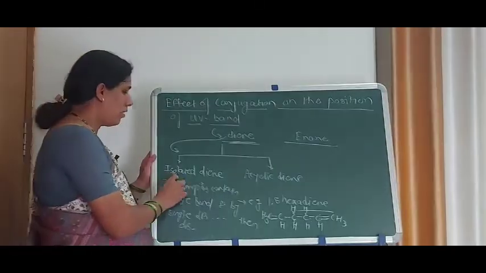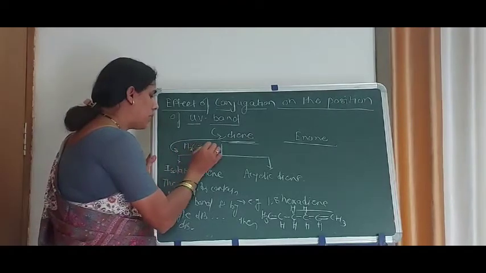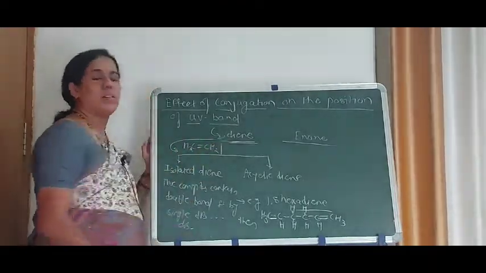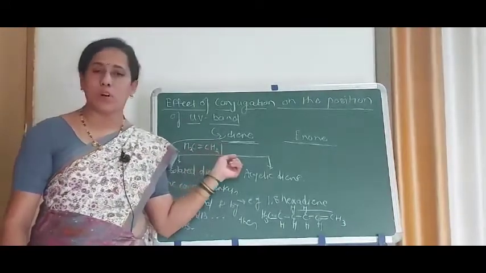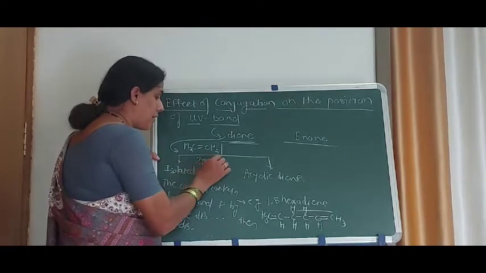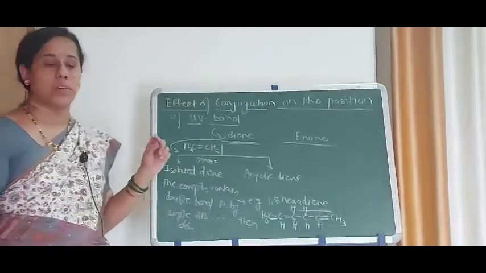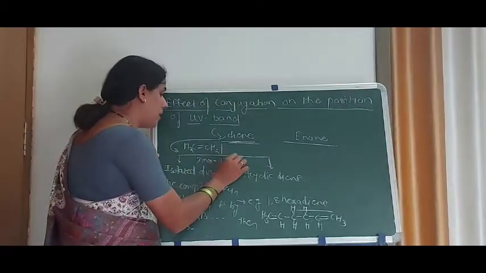Now a simple example is CH2 double bond CH2, that is ethylene. This ethylene absorbs with lambda max at 175 nanometer.